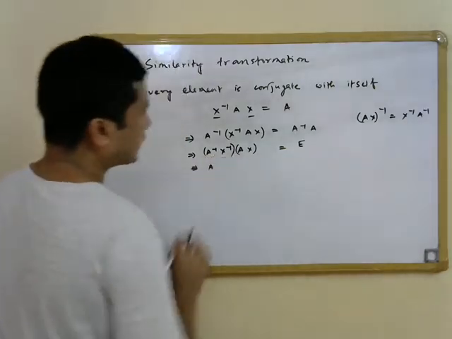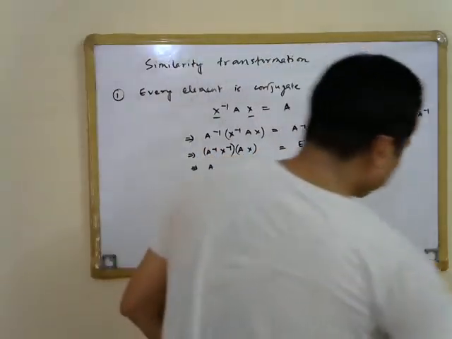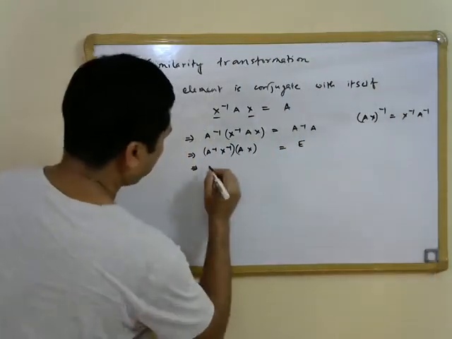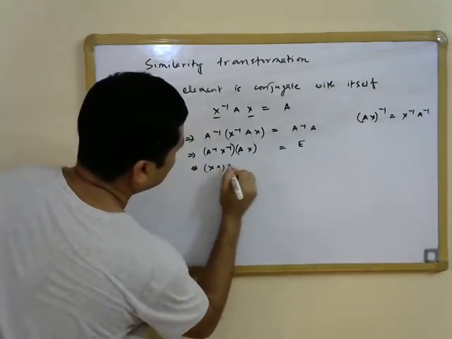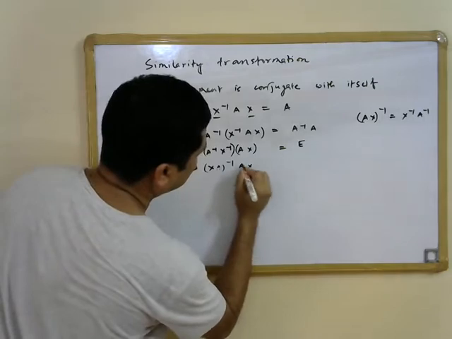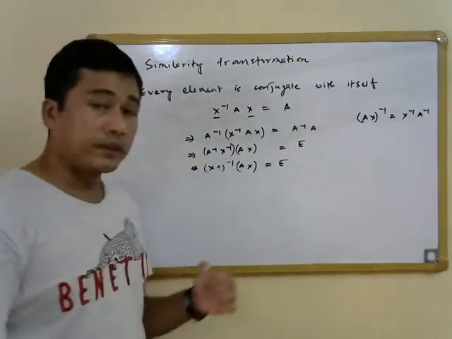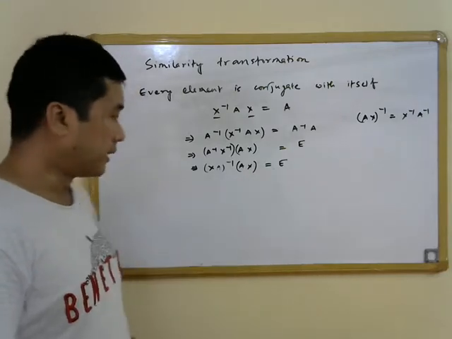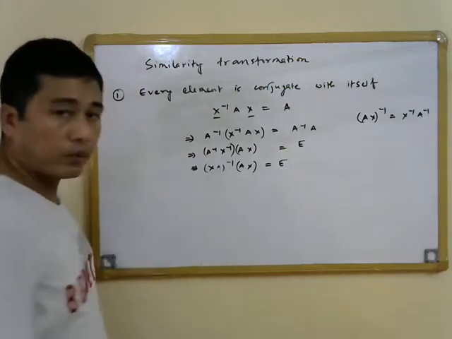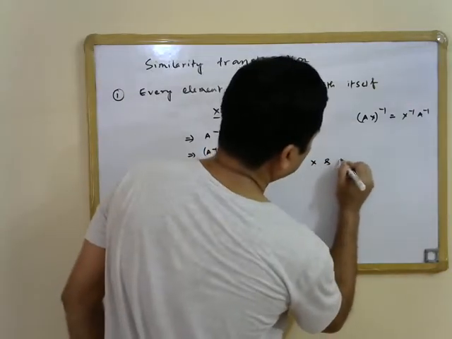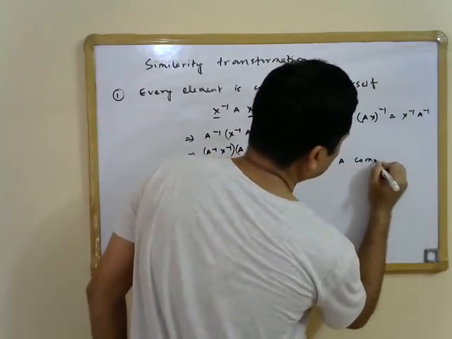So this A inverse X inverse, we can write it as (XA) whole inverse AX equal to E. So now we have got an expression over here which is equal to identity. Now this expression will hold true only when X and A commute.